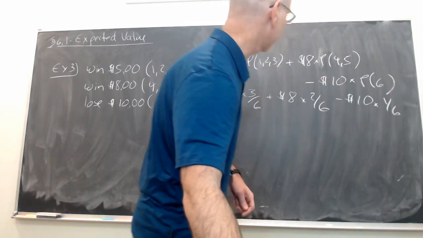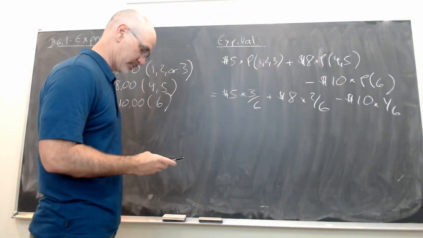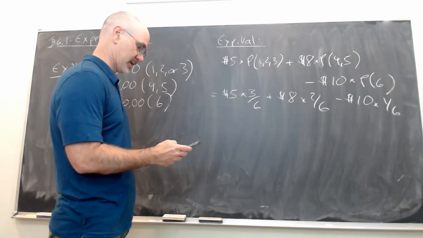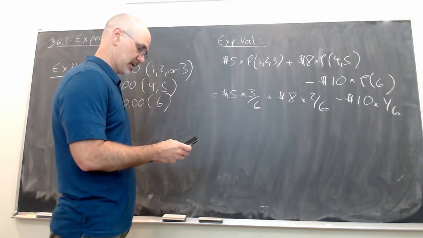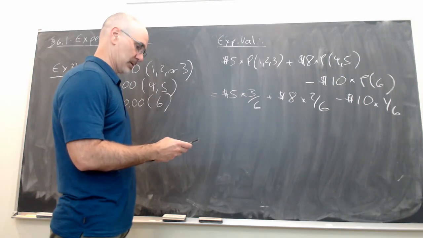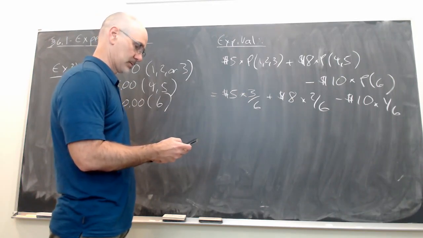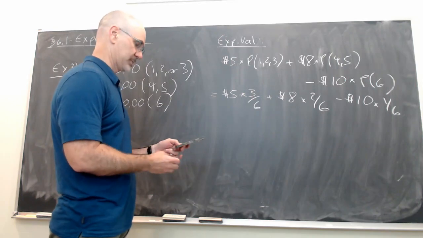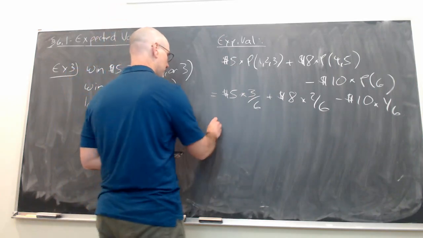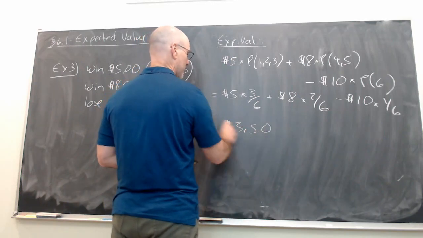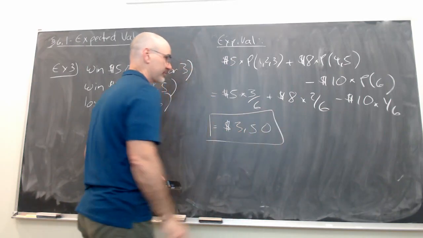So I'll get my calculator to do the arithmetic for me. So I get 5 times 0.5 plus 8 times 0.333 minus 10 times a sixth. So the average value for this game also turns out to be positive. It has an expected value of $3.50.